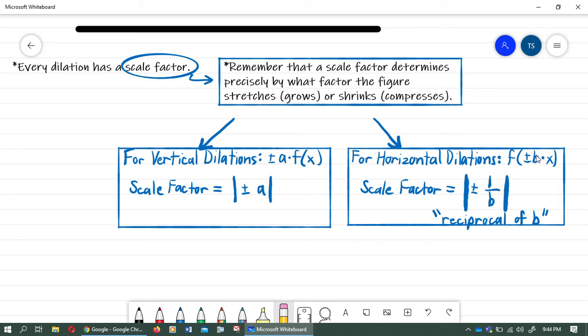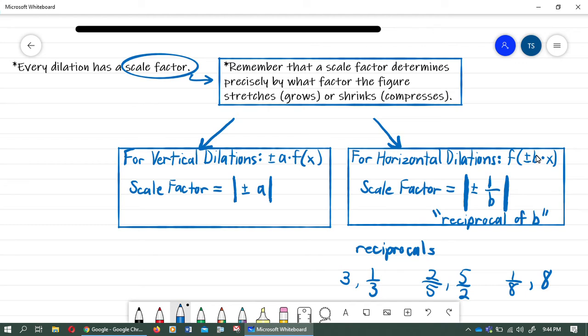If you don't remember what reciprocals are, here's a little refresher. For instance, 3 is the reciprocal of 1/3. 2/5 is the reciprocal of 5/2. 1/8 is the reciprocal of 8.